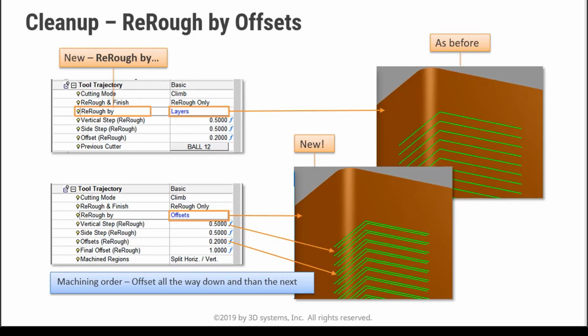The user can set the offset distance, a vertical step, a side step, and the system will create the rough motions. For both options, stock is required. The system will not create motions where there is no stock existing. The machining order for the offsets is offset all the way down and then to the next one.